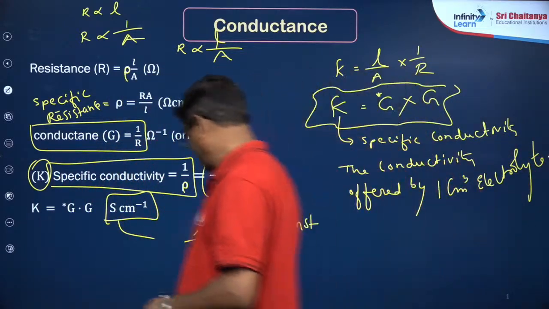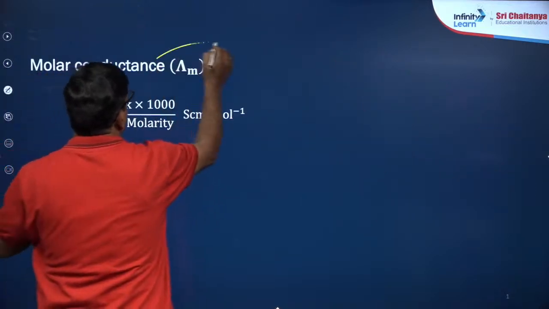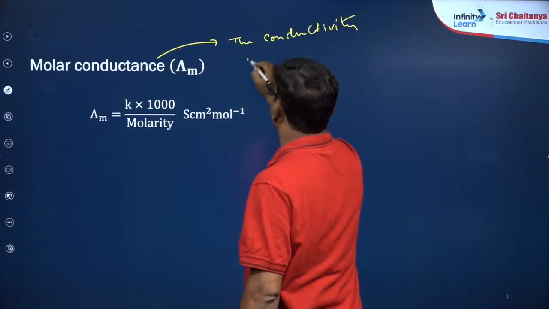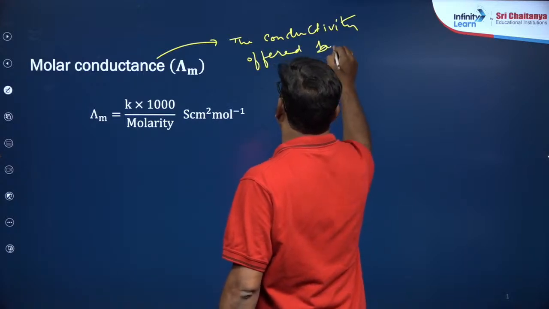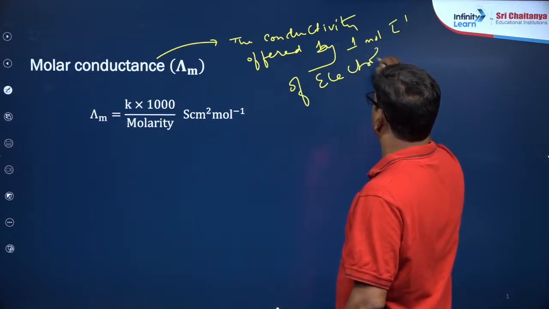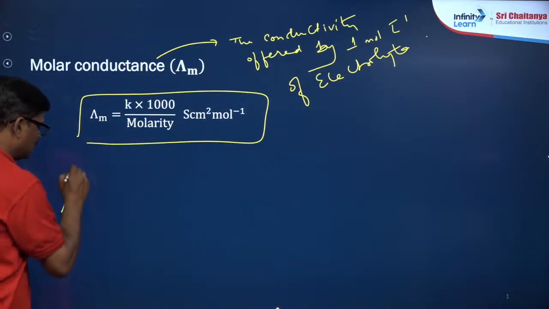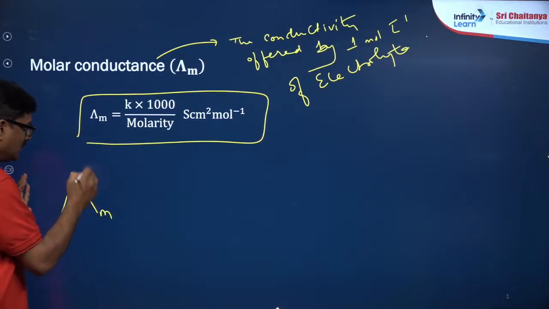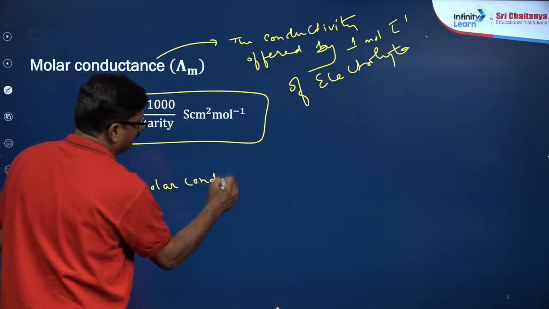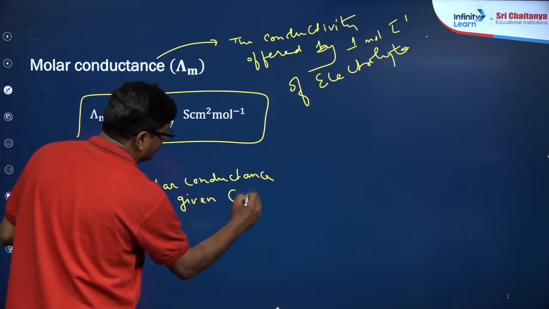Okay, so let's talk about molar conductance. Molar conductance means the conductivity offered by 1 mole per liter of electrolyte. That is called molar conductance. It is indicated by this symbol, at a given molarity or given concentration.